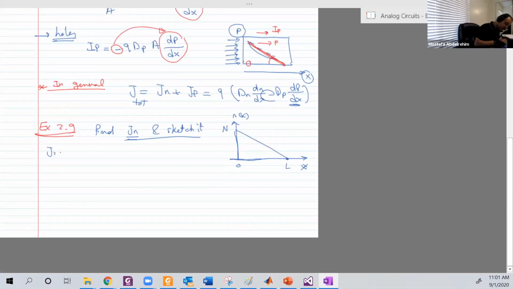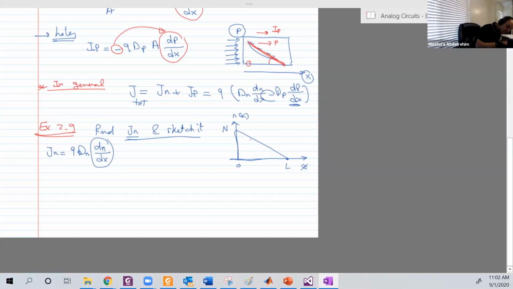Jn should be equal to Q Dn, dn by dx. So in order to get this derivative, we need the relation that relates n to x, right?